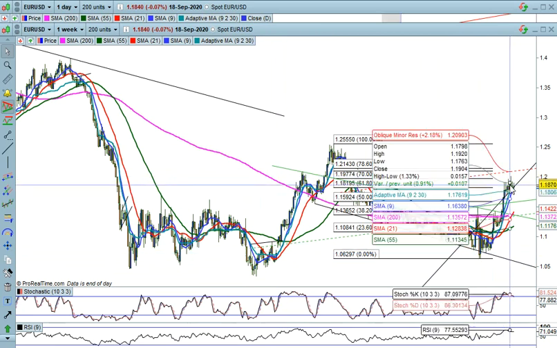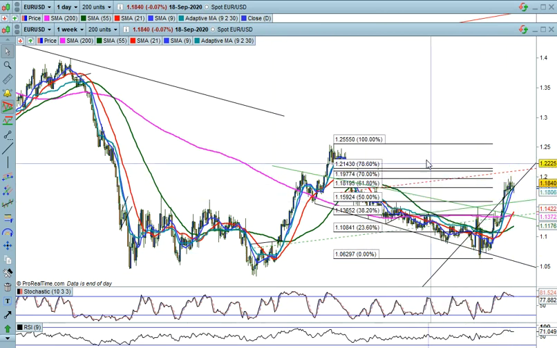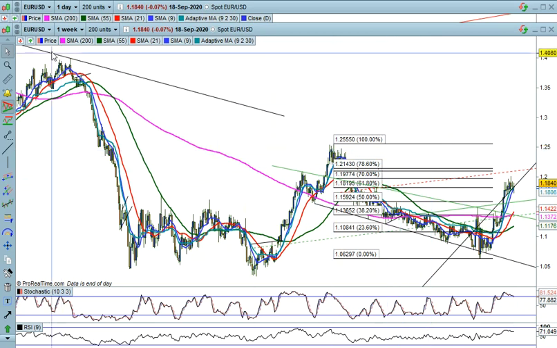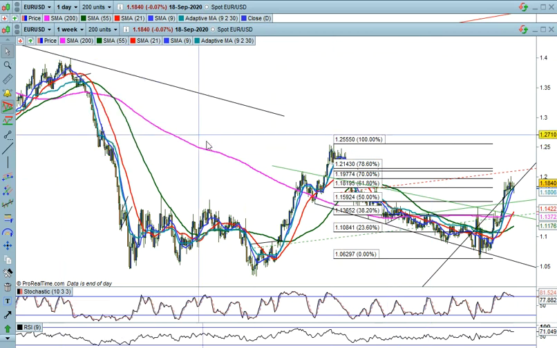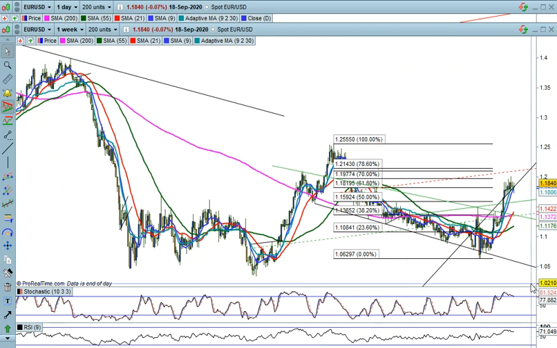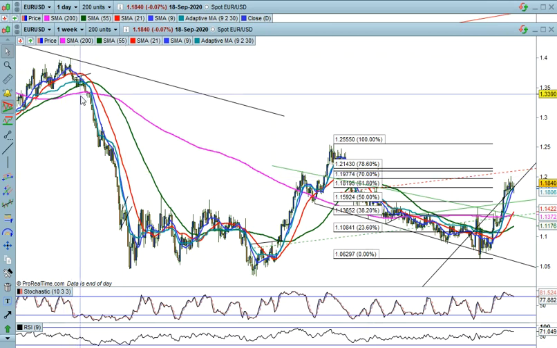But the thing to notice in the longer term charts is the highs are failing to actually break, and all the while they fail to break, there is potential for the market to slide back lower. So you can see there the weekly chart going back to 2014. So now we'll go back to the daily.